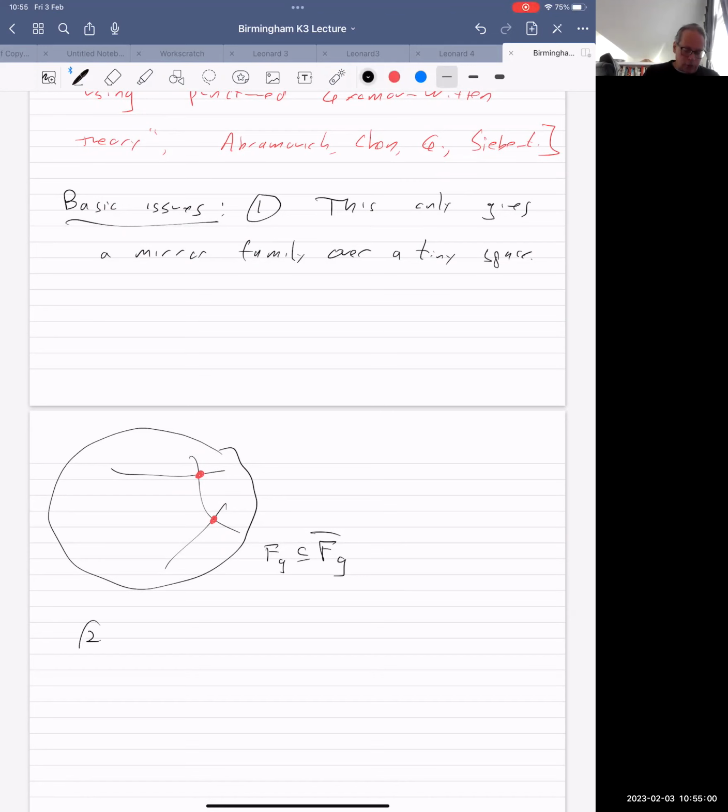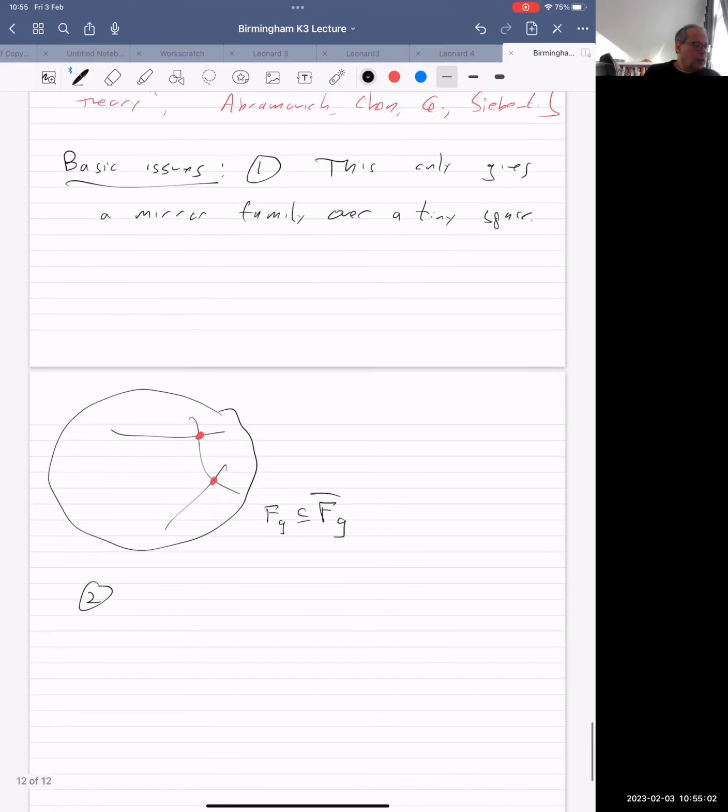The second issue is that it's actually the wrong dimension. In fact, it's not really even giving a family over some neighborhood of a boundary point of FG bar. It's giving a family that's too high dimensional.